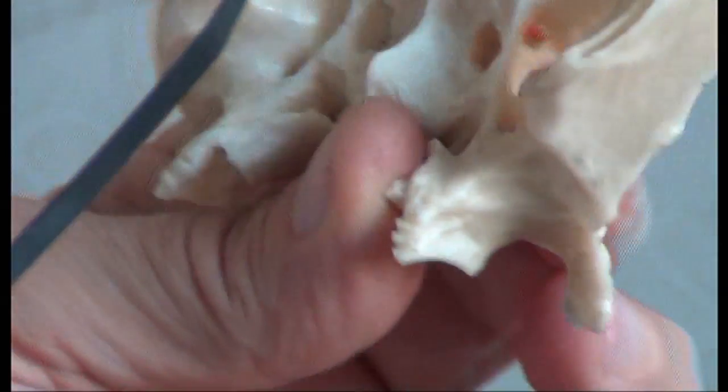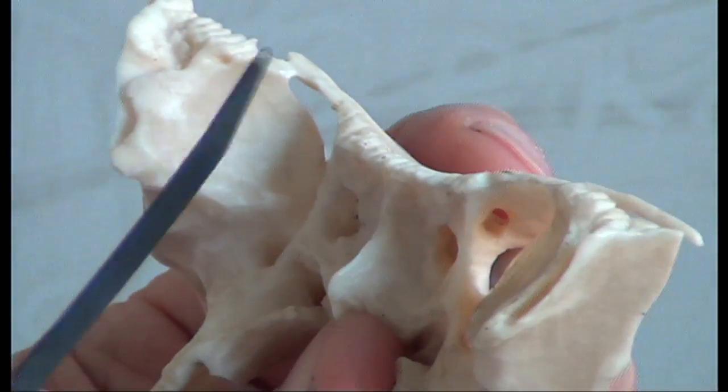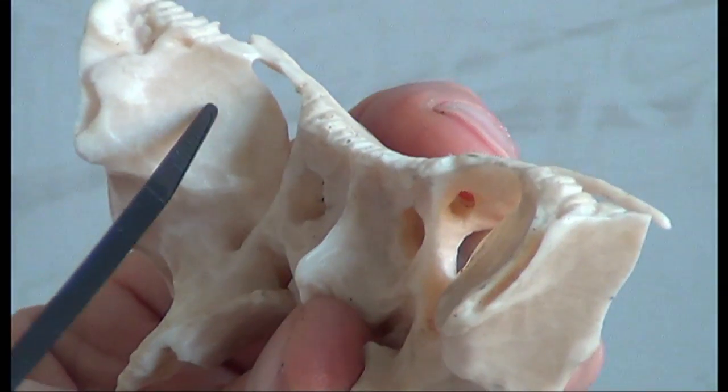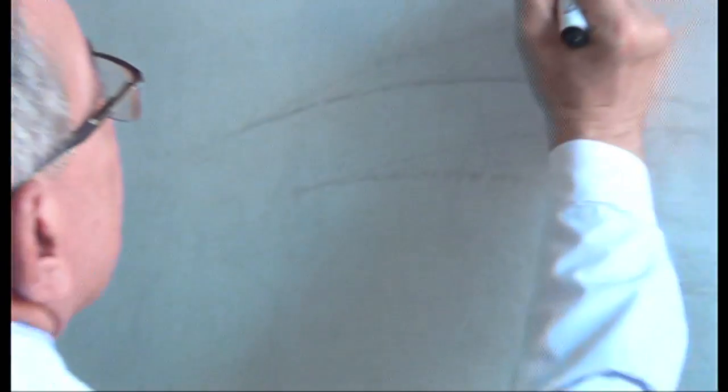And then this surface is facies orbitalis, because it's part of the orbit.